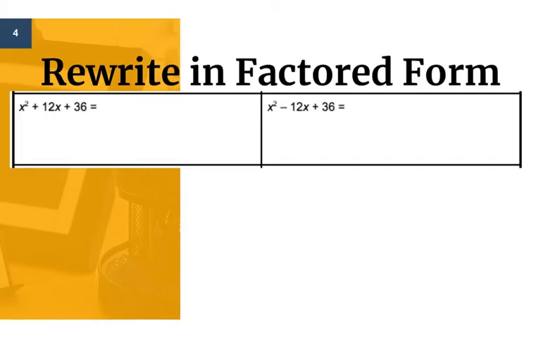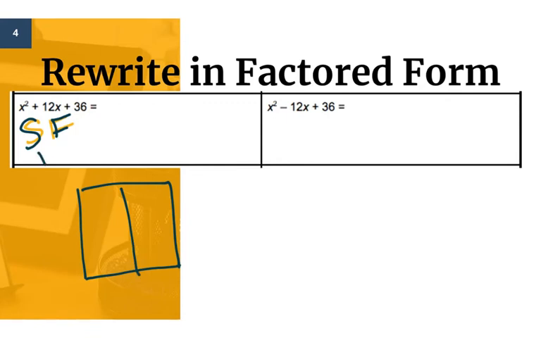All right. This is working backwards. So I have my standard form. Let me actually write this in black. Okay. So this is my standard form. And that means it goes inside. In. So I set up my box.